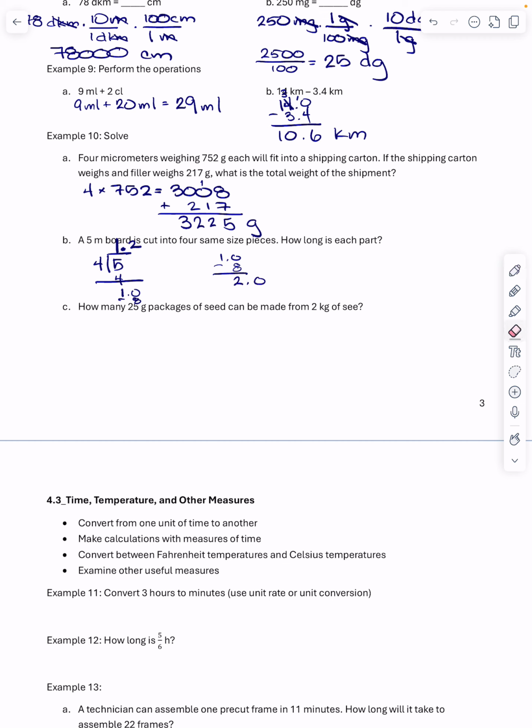Add another. Don't need the decimal. And 4 goes into 20 5 times. So 1.25 meters, we're going to leave it that way as a standard unit. There's absolutely no reason to convert it to anything else when we started in terms of meters.